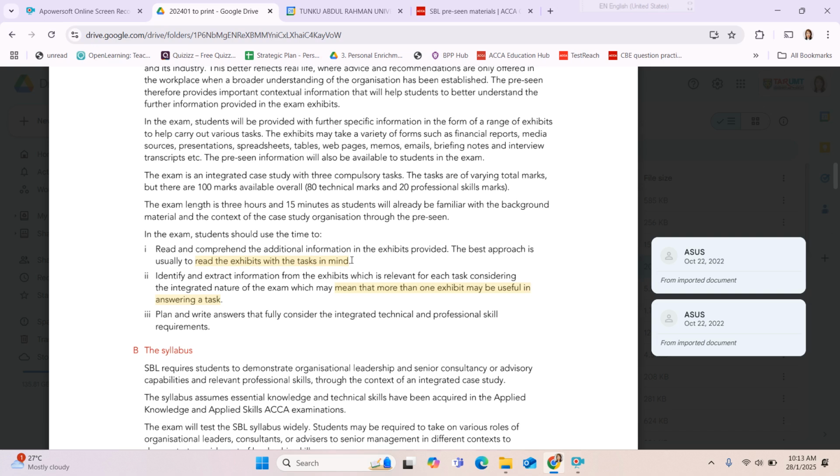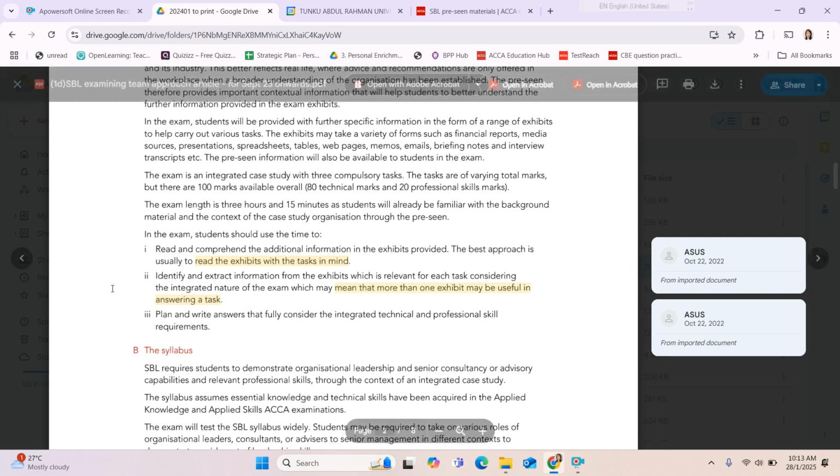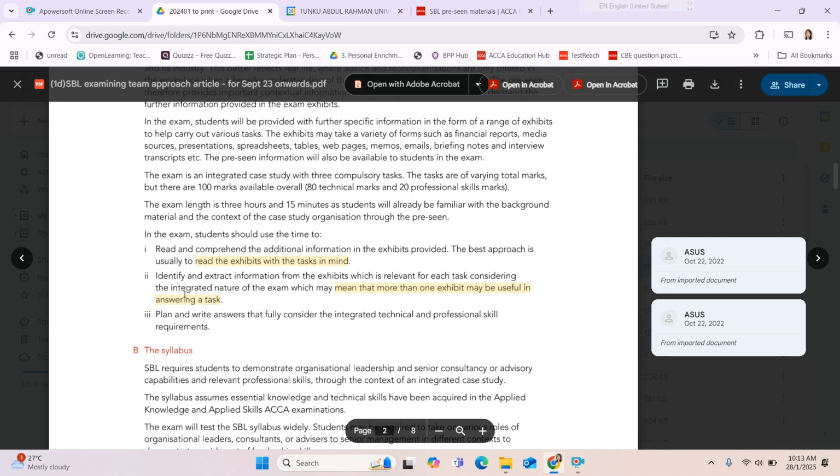Sometimes students ask me, should I read all the tasks first, because we have task 1, 2, 3 in different windows? Or should I read task 1 and perform task 1 first? It actually depends on the student, I would say. Although, if you look at point 2, ACCA says more than one exhibit may be useful in answering a task.